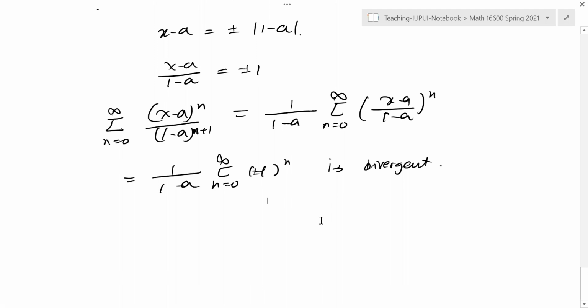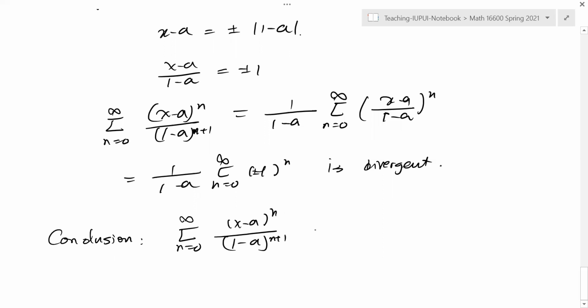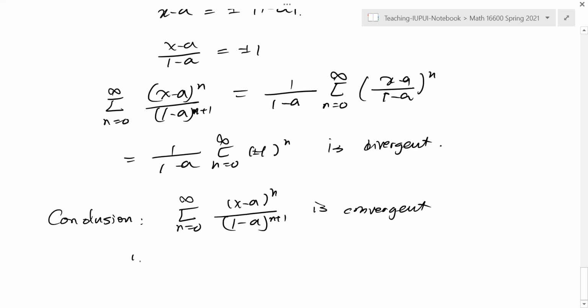So I can conclude that the series is convergent if and only if x is between a minus capital R and a plus capital R, where capital R is 1 minus absolute a.